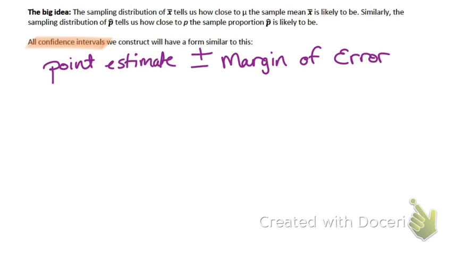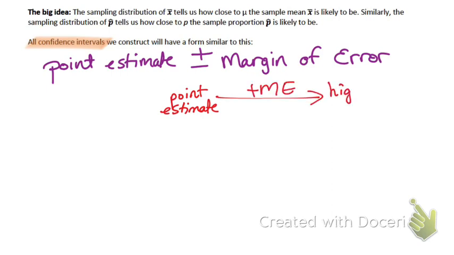Your best guess was your point estimate. That was what you guessed it to be, the value of your p hat from your sample. I gave you the margin of error. When I said go 5% in either direction, that was a margin of error. So you took the point estimate, added the margin of error, and that gave you a high estimate for your interval.